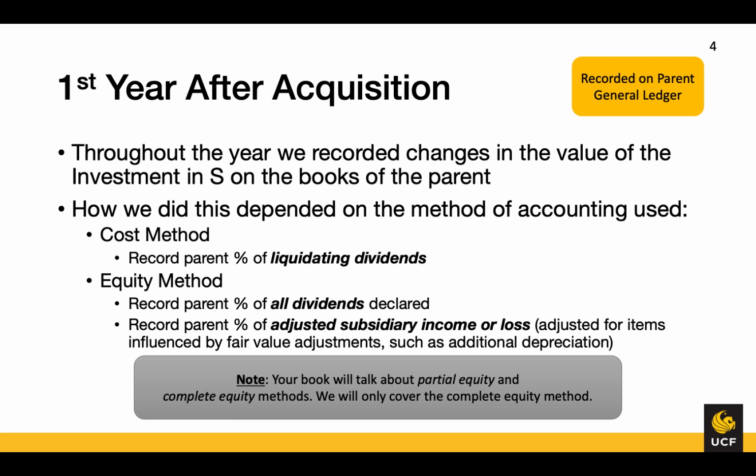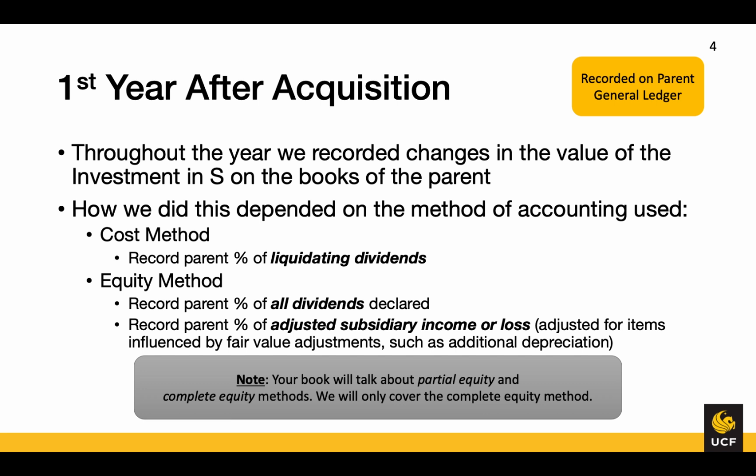Now, one thing I want to point out before we get too far is that your book is going to talk about both the partial equity method and the complete equity method. For the purposes of this class, we will be focusing on only the complete equity method, although I will talk about the partial equity method in passing, and tell you a little bit about it as it becomes pertinent. But we're going to focus on the complete equity method because it is the more correct of the two methods. The partial equity method isn't exactly GAAP.